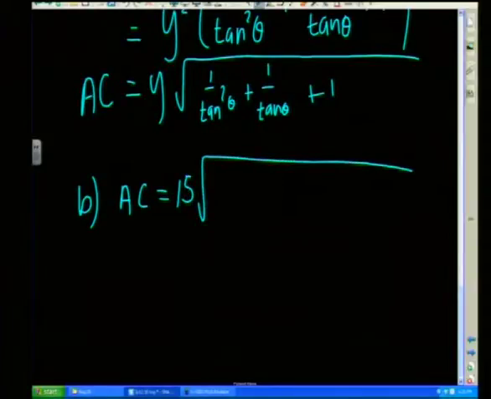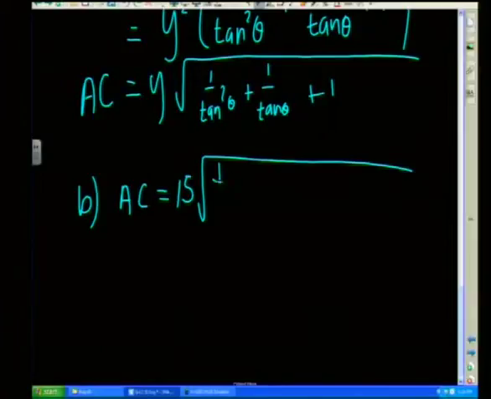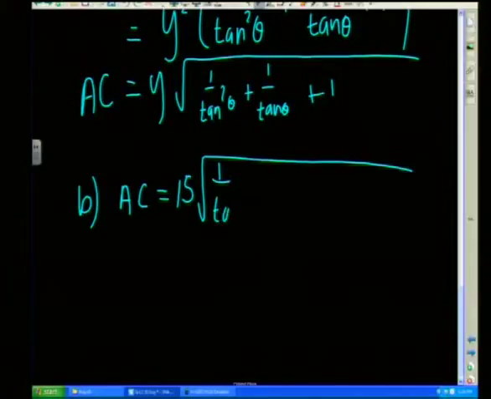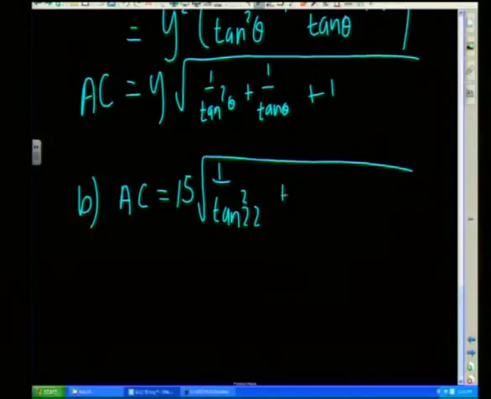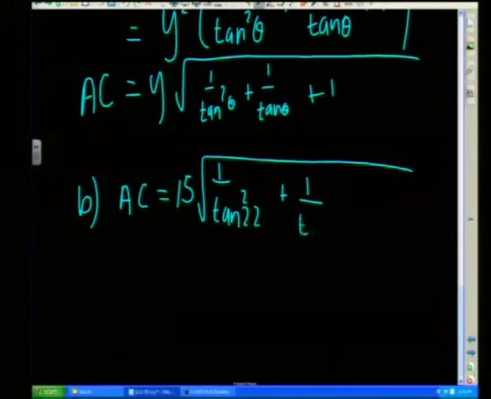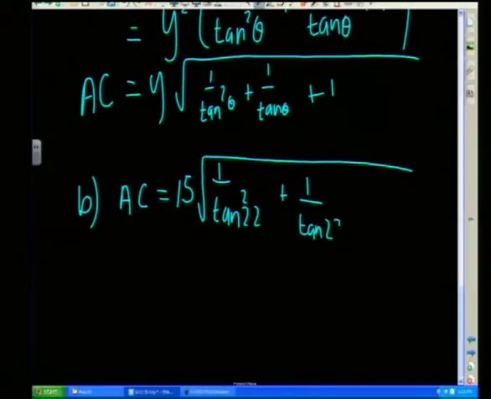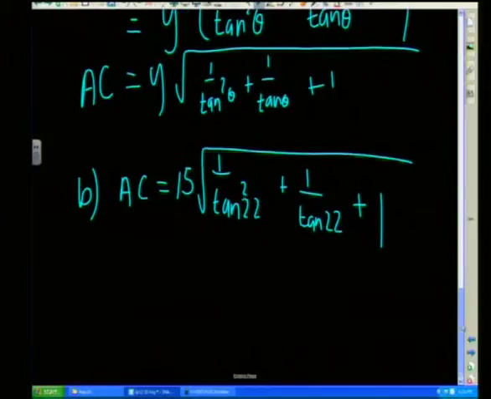Then we're going to use our calculator to help us. So it's 1 over tan 22 squared plus 1 over tan 22 plus 1, and you're going to put that entire thing into your calculator.